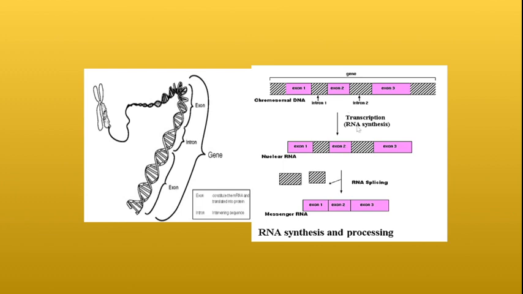Now, through transcription and RNA synthesis, we're going to see our 3 exons and our introns as well, but with our nuclear RNA. Now, in the process of RNA splicing, we are going to cut out these introns to glue together our exons to make the messenger RNA. And that's how RNA synthesis and processing occurs.